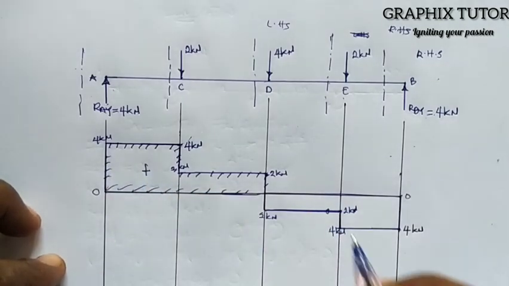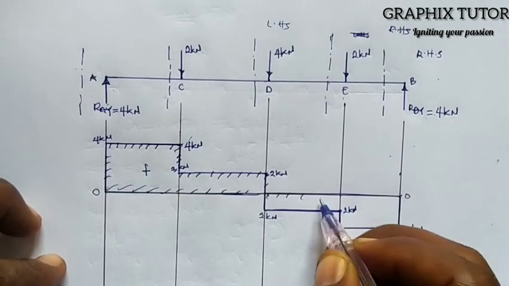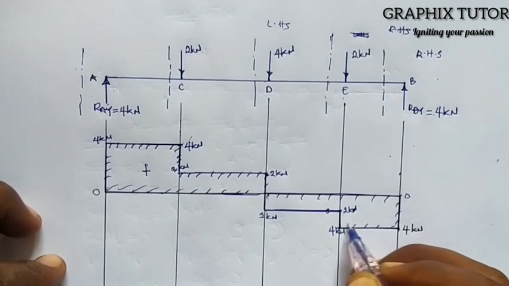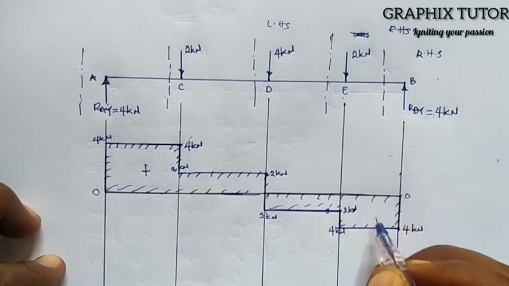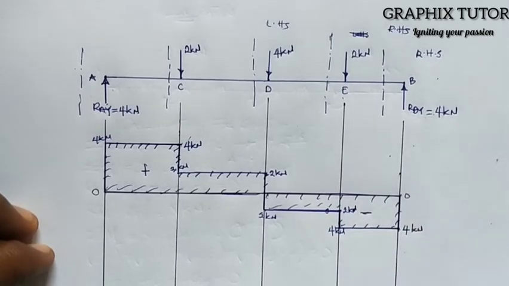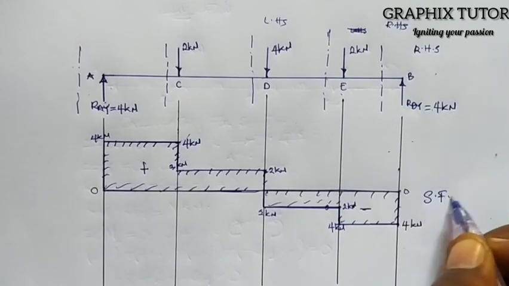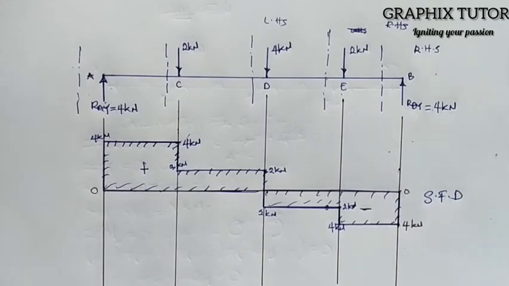Positive, then here is negative. So that is our shear force diagram. This is how we apply our shear force in a beam, how the force is distributed. So we'll call it the shear force diagram, showing the diagrammatic representation of the distributed force.